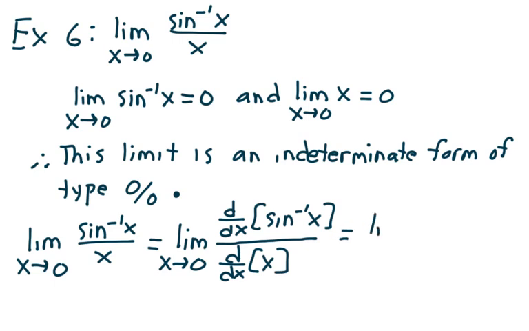And so this is the limit as x goes to 0. Now, the numerator is 1 over the square root of 1 minus x squared. That's the derivative of the arc sine. The derivative of x is 1.